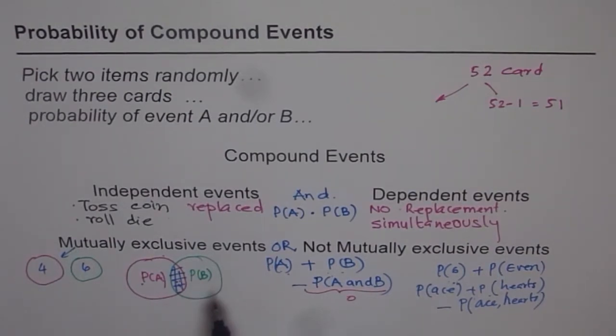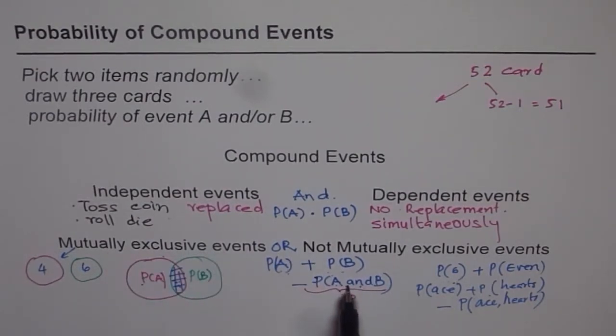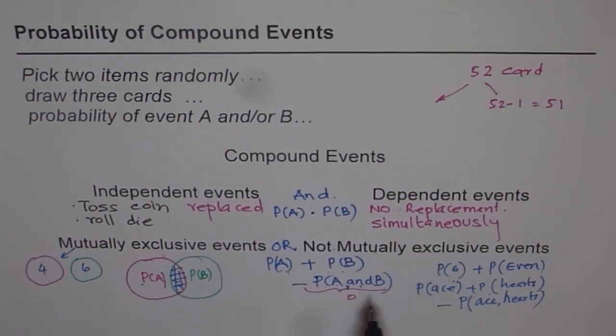In general, you should remember, whenever we have OR, the formula is probability of A plus probability of B minus probability of A and B happening together. Now if the event is mutually exclusive, then this probability is 0. If the event is not mutually exclusive, then this is not 0, right?